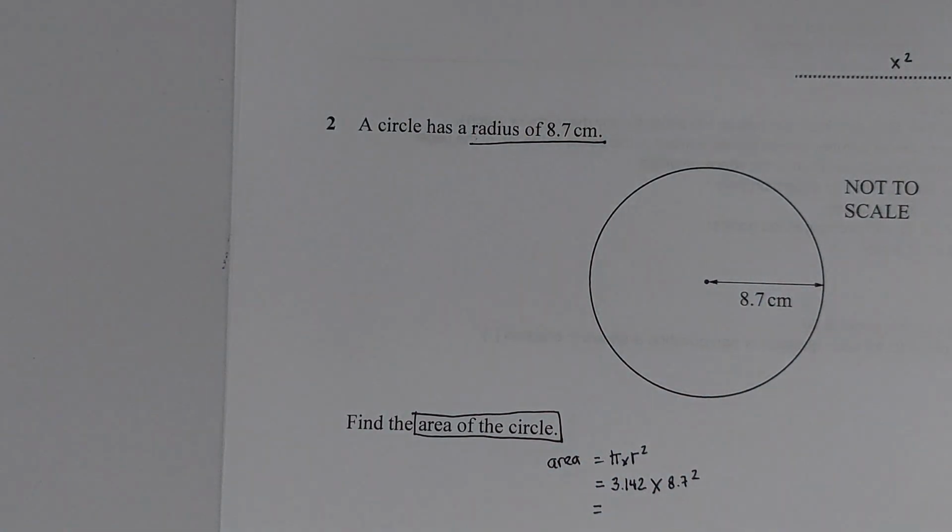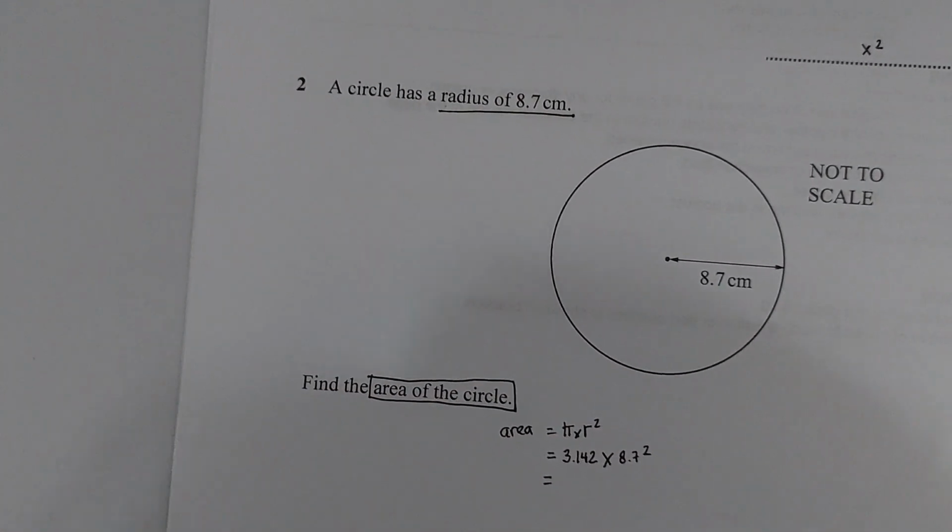Let me calculate first using the calculator. 3.142 times 8.7 squared. I will give the answer to 3 significant figures.